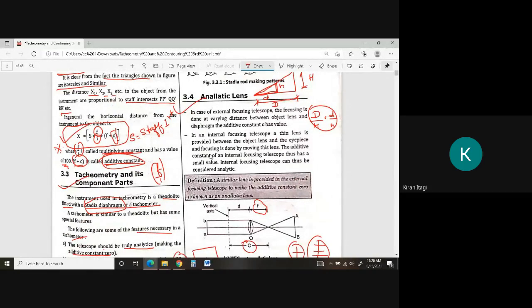In case of an external focusing telescope, the focusing is done by varying the distance between the object lens and the diaphragm. The additive constant C has a value. For example, you are standing here and another friend is standing there. You are holding the DSLR camera.